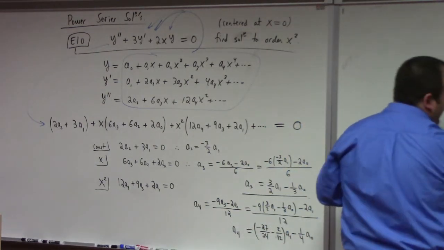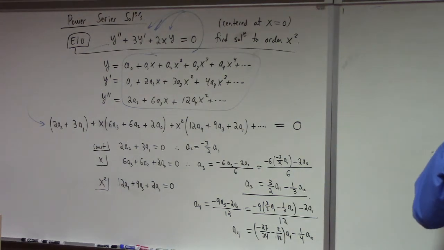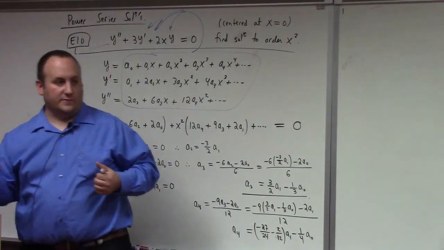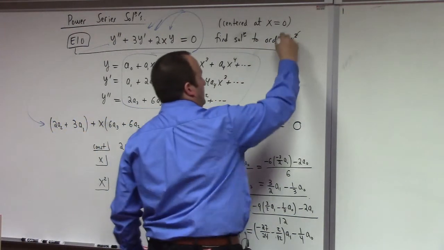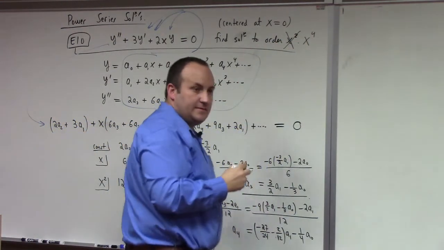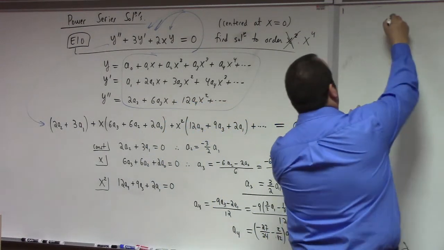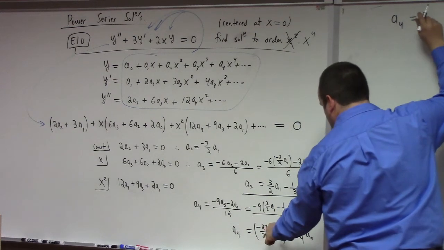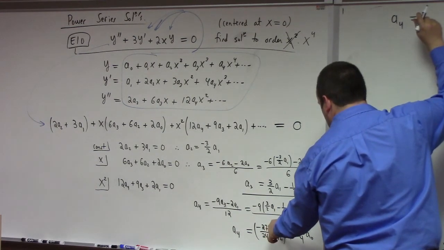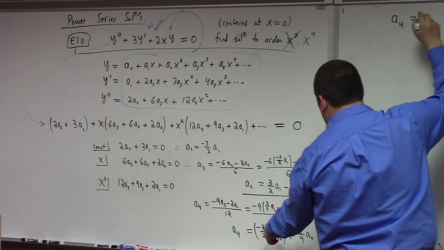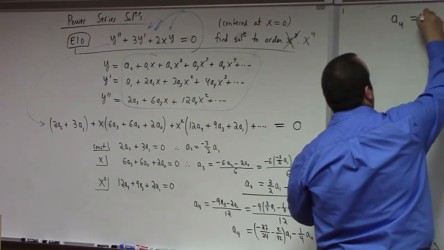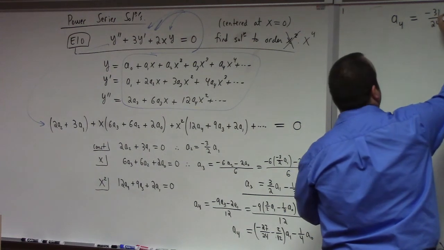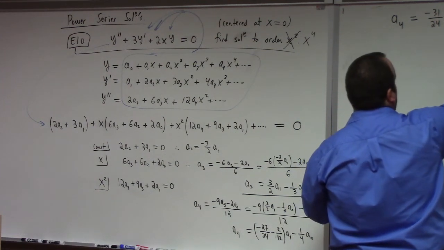We've actually done enough work here to find the solution to order 4, right? We can write the solution to order 4. So I'll say order x to the 4th to make it more interesting. Just to summarize, we found A4 is equal to, what was it down here? I think I've got minus 31 over 24 a sub 1 minus 1 over 4 a sub naught.